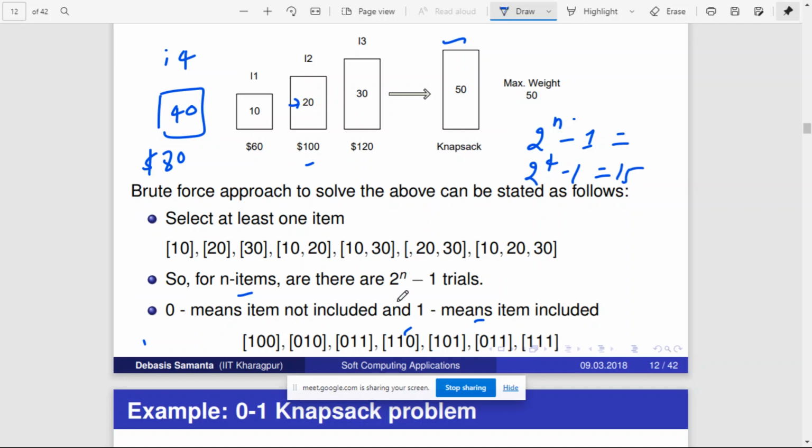Now what will be the value of the initial population? If it is 3 items, this is how the initial population is represented using the binary scheme, which I am calling BS. If it is 4 items, then what will be the initial population?